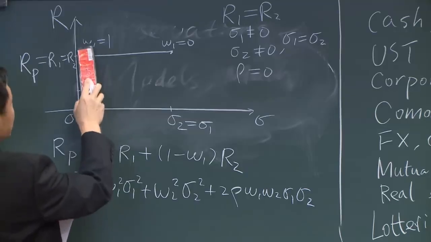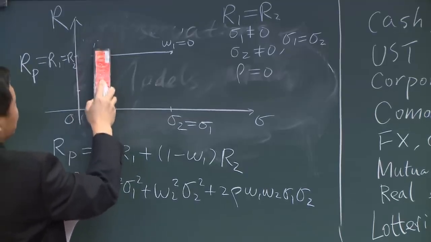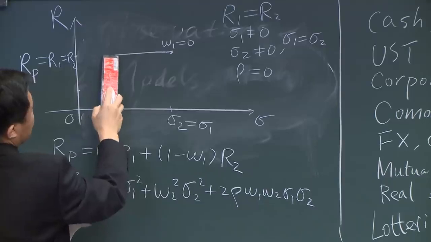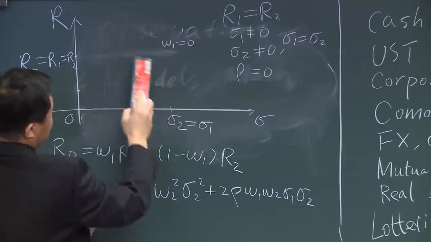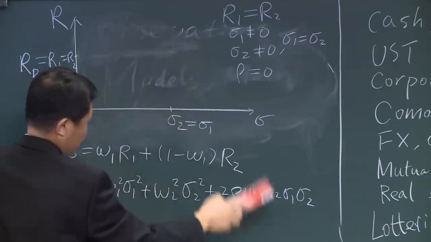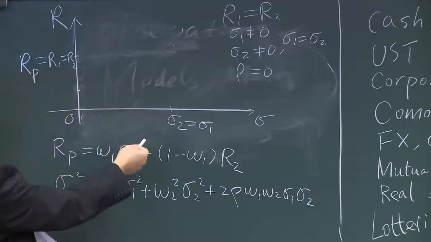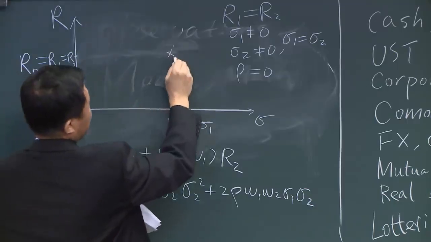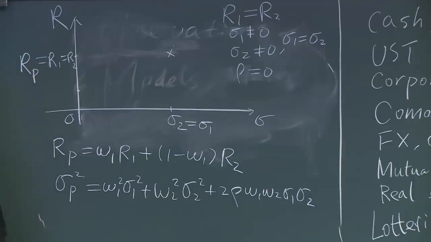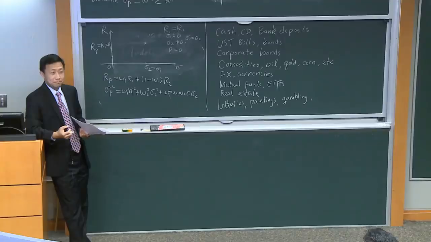What does this line look like? So volatility is the same. Return is also the same for each of the asset class. You have two strategies or two instruments. They are zero correlated. How would you combine them?